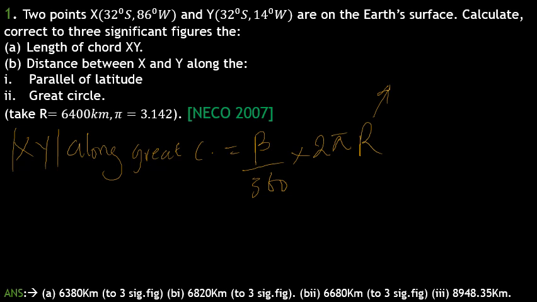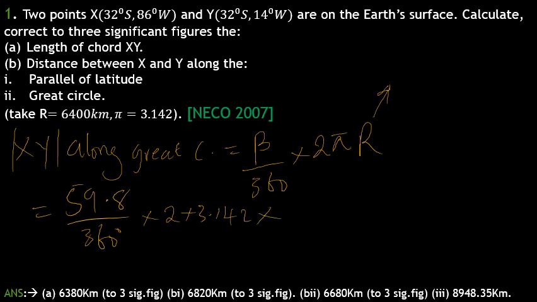So if we plug in the values, we have our beta is already 59.8 approximately, all over 360 degrees times 2 times 3.142 times 6400.